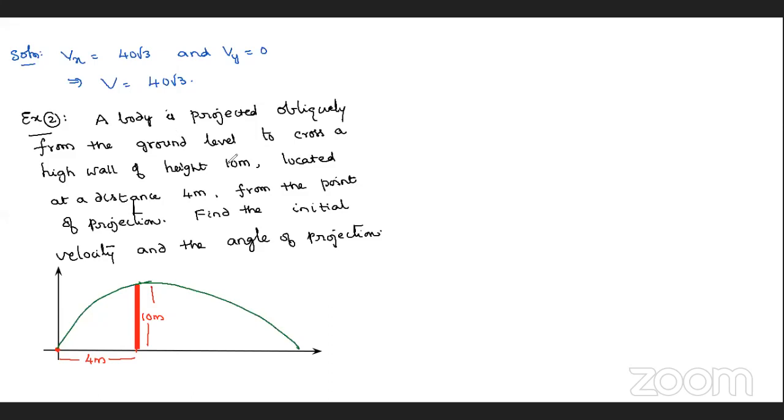I will tell you where you made the mistake. In its path, after a certain time, suppose it comes here. This is the horizontal distance traveled and this is the vertical distance traveled.